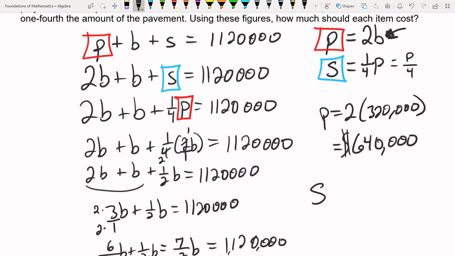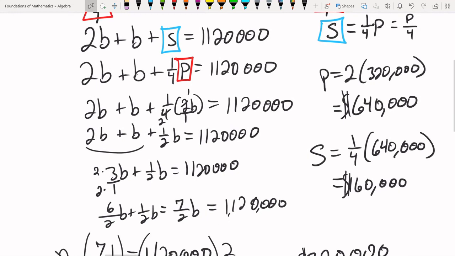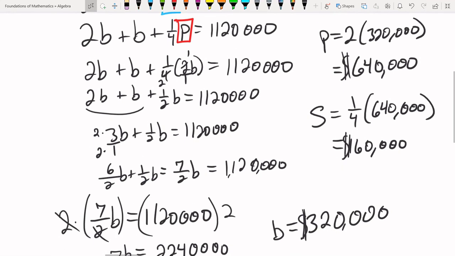Finally, S, which is the sidewalk material, is 1/4 P. Well, P is 640,000, and 1/4 times that is $160,000. So those are my amounts.